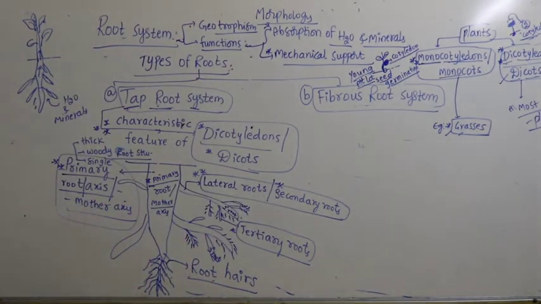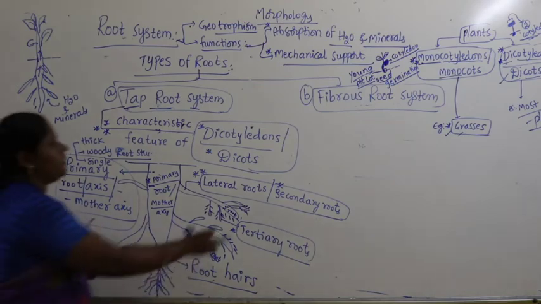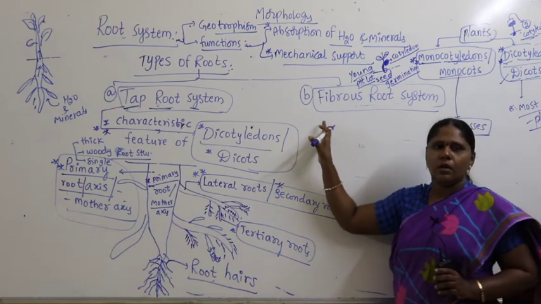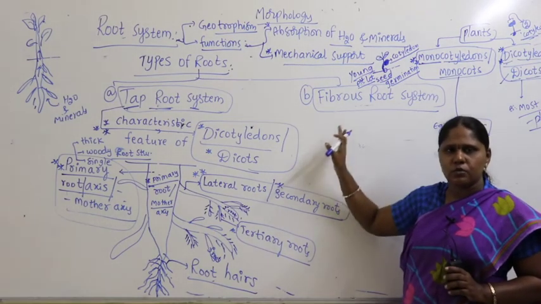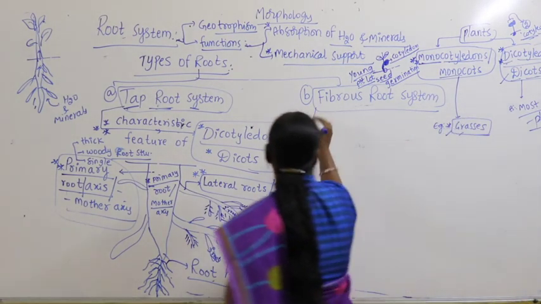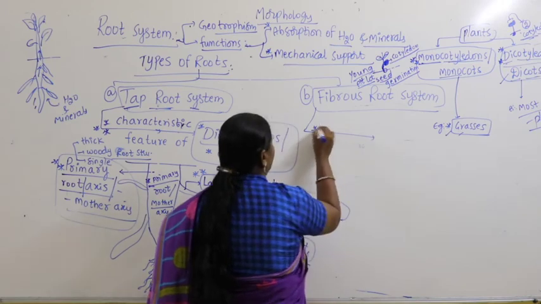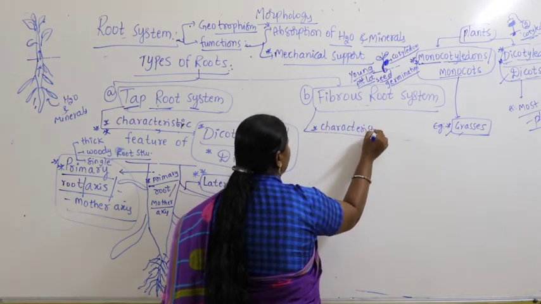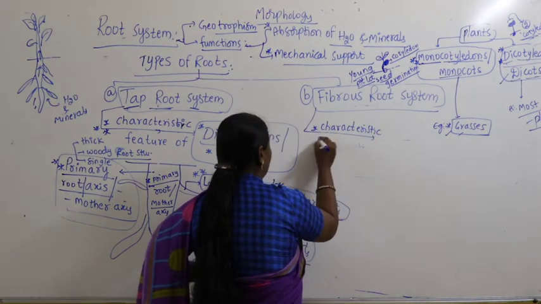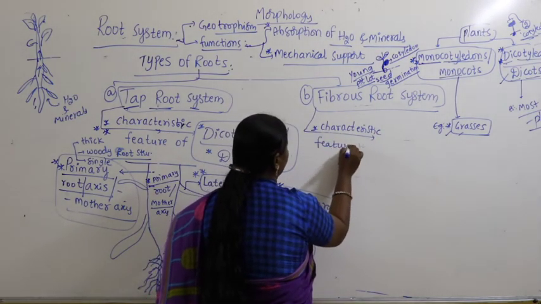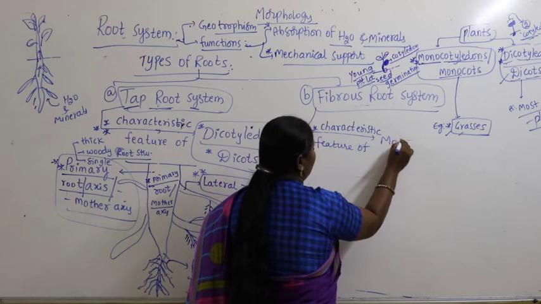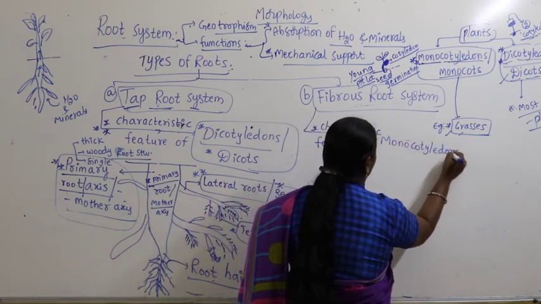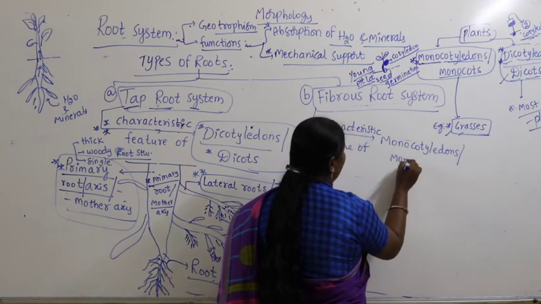Now coming to the fibrous root system. The fibrous root system is a characteristic feature of monocotyledons or monocots.